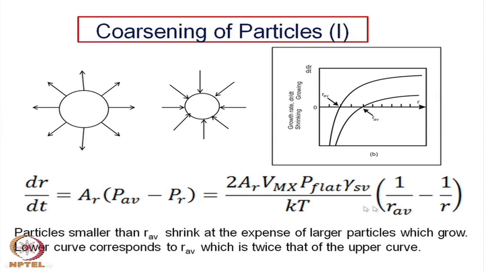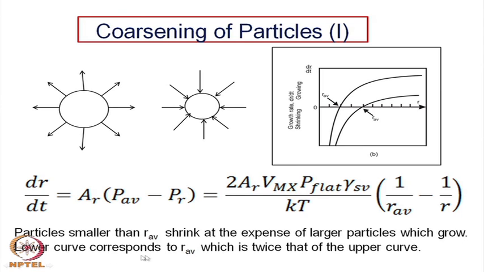This is a similar kind of equation we have considered earlier as well: 1/r average, which may be a reference, and this is 1/r, the actual size. It is given here. The particles smaller than R_AV, R average, shrink at the expense of the larger particles which grow.